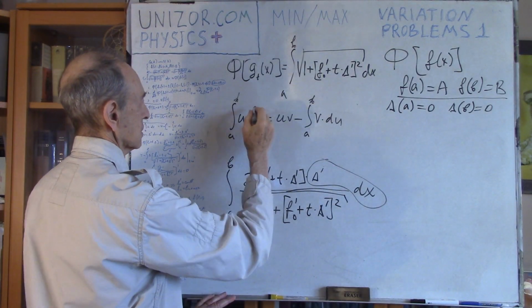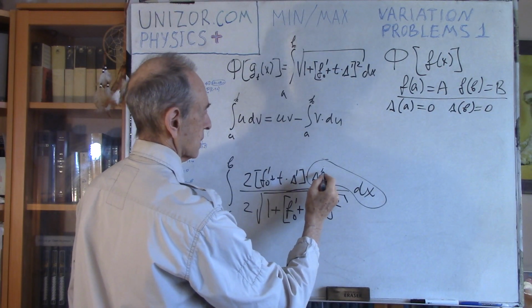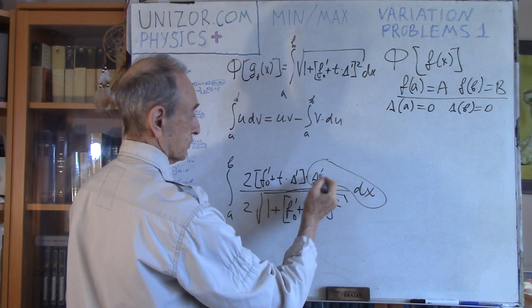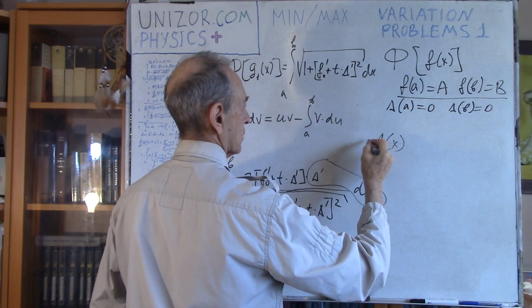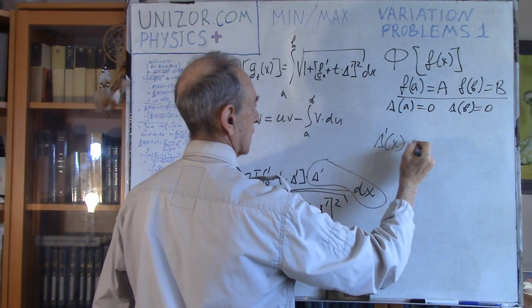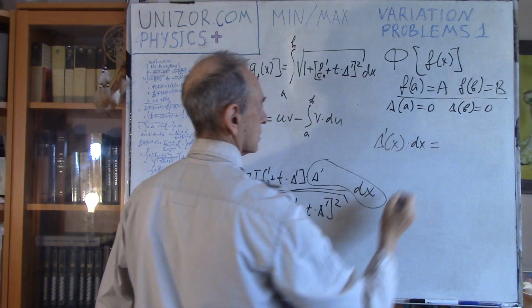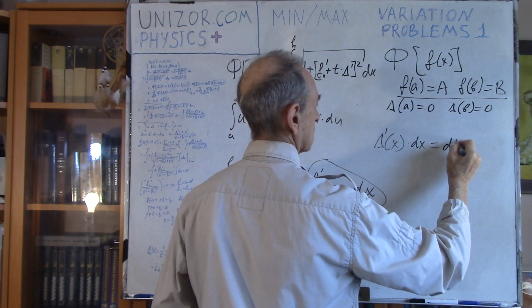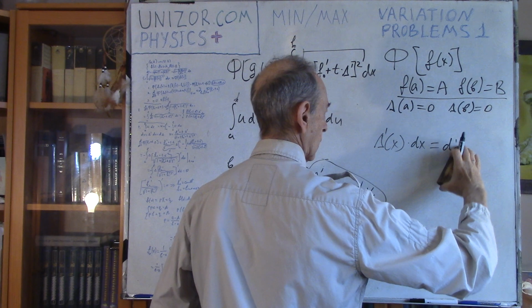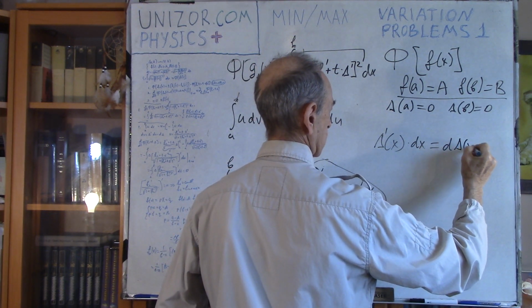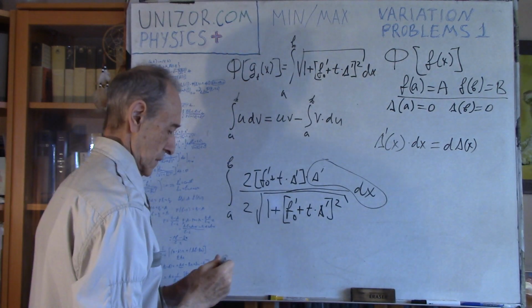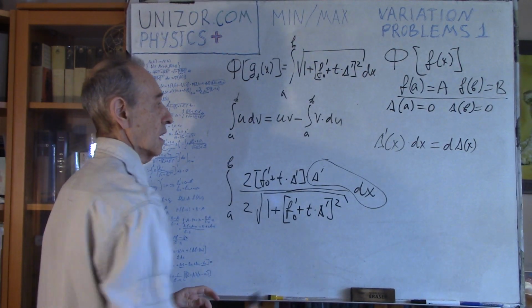Now, what this is, it's a derivative of delta, which is some function of x. So we have a derivative of this times dx. What is it? That's basically a differential of delta of x, right? Again, back to calculus.